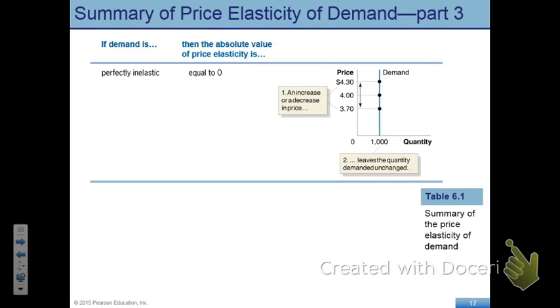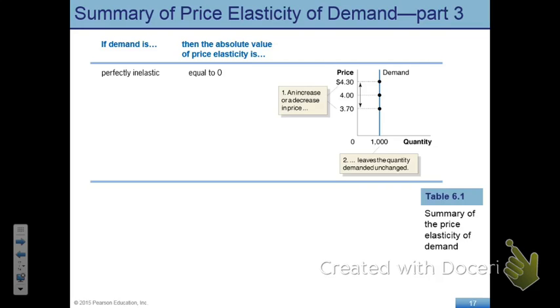Your change in quantity demanded is 0. It's always 0. So 0 divided by something is always 0, right? So in this particular example, our elasticity of demand is 0. It's called a perfectly inelastic demand curve. Or in simple words, it's called a vertical demand curve.